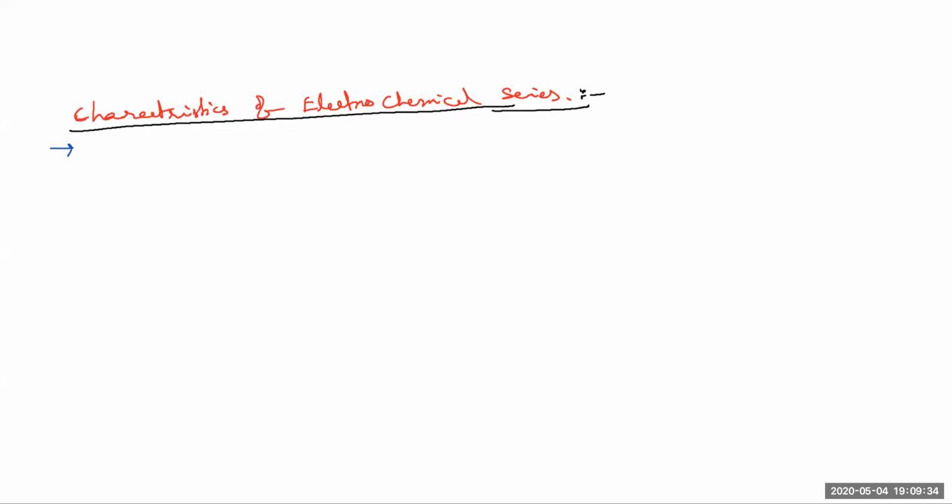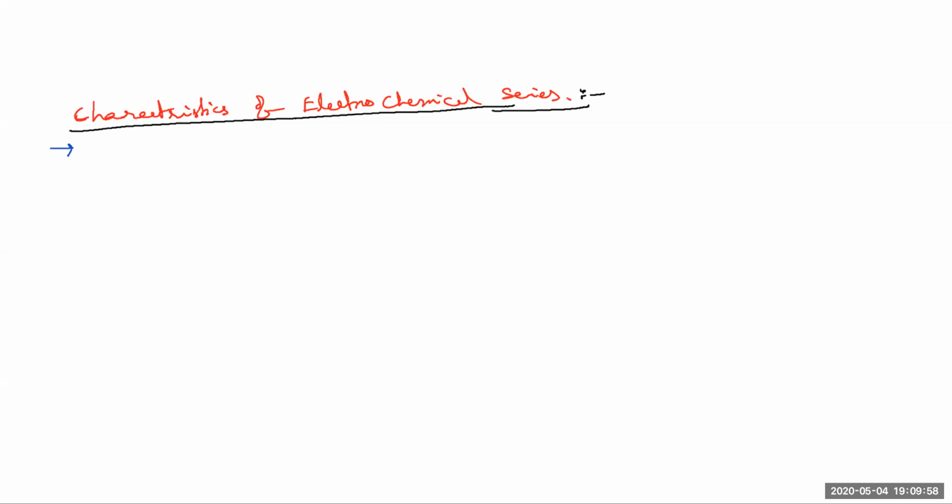Suppose chlorine takes an electron, it becomes an anion. That is reduction only. Highest negative means strong reducing agents; themselves they are oxidized.